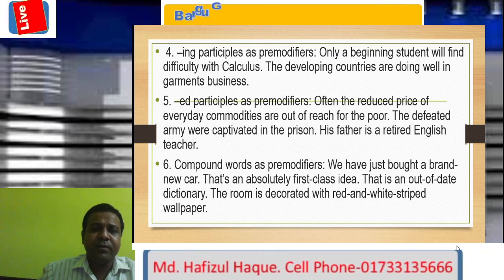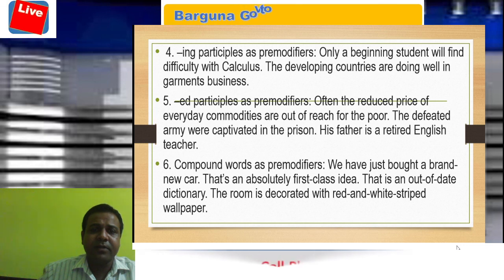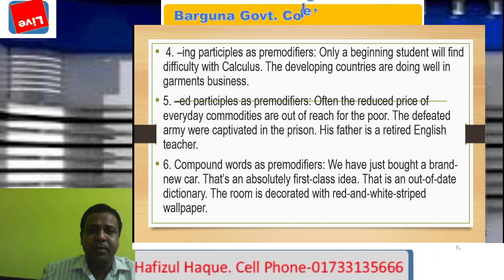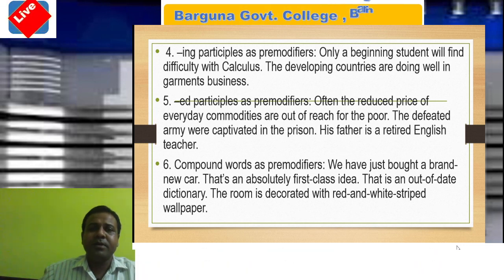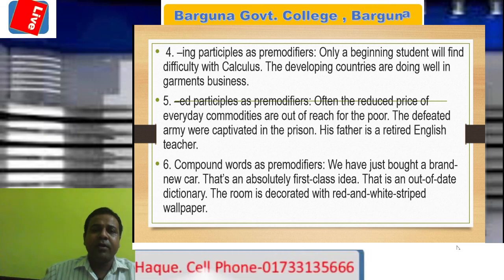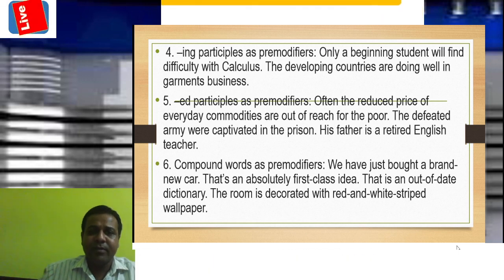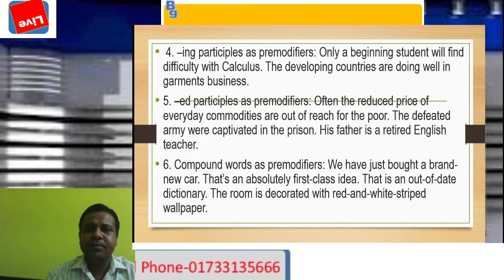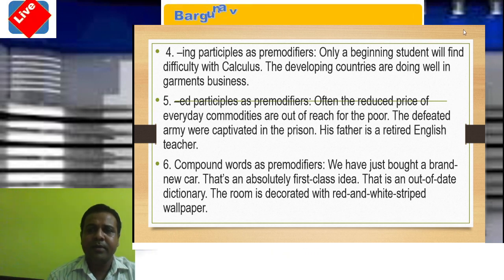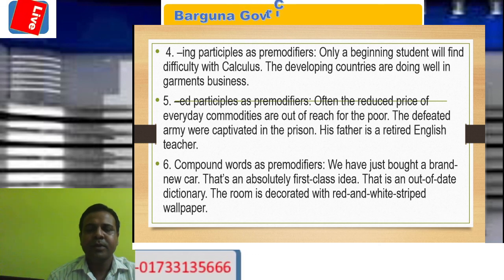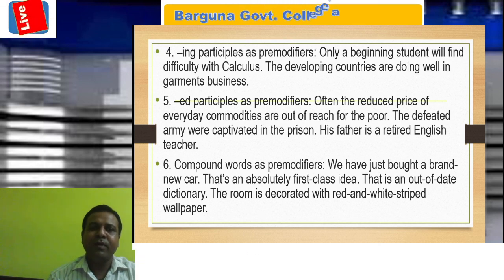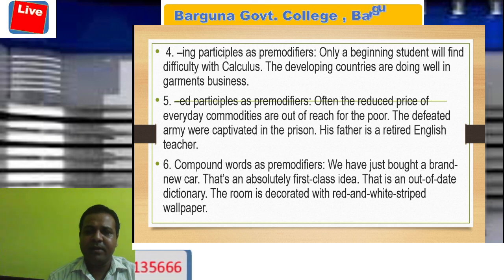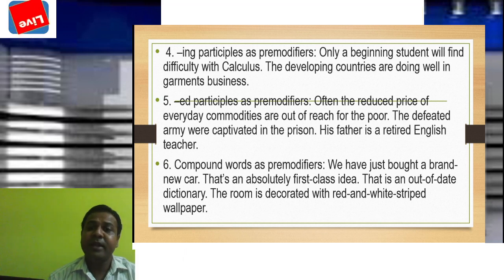There are 3 different types of participles: present participle, past participle and perfect participle. Present participles always take an ing form with the verb. Let's see an example. Only a beginning student will find difficulty with calculus. Only a beginning student.